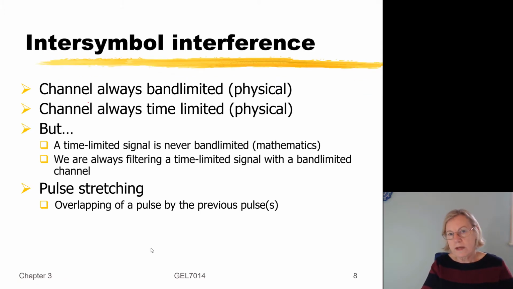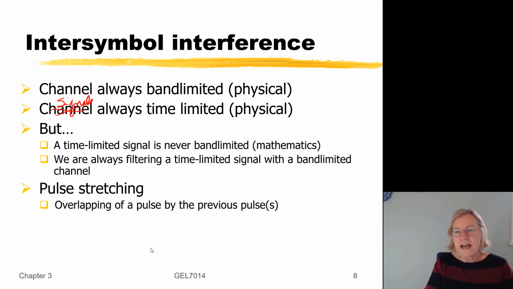Just a quick recall of what intersymbol interference is. Remember, the channels are always band limited. That's physical. I'm going to pass my signal through a coaxial cable. The coaxial cable has a certain passband that can be supported. Signals, on the other hand, are always time limited.